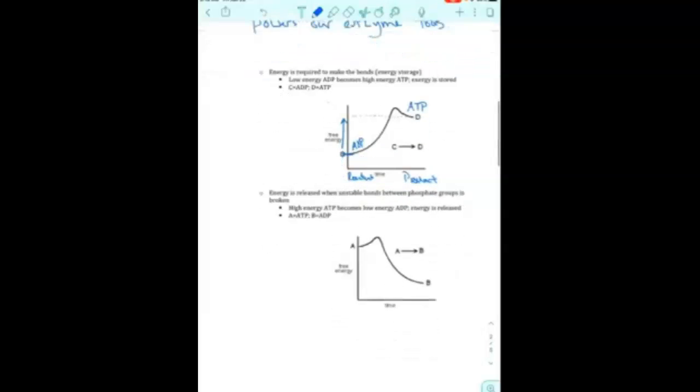Okay? This next reaction is just the opposite. Actually, before we go any farther, let's make sure we say ADP plus P, that stands for a phosphate, forms ATP. That's the chemical reaction that graph represents.